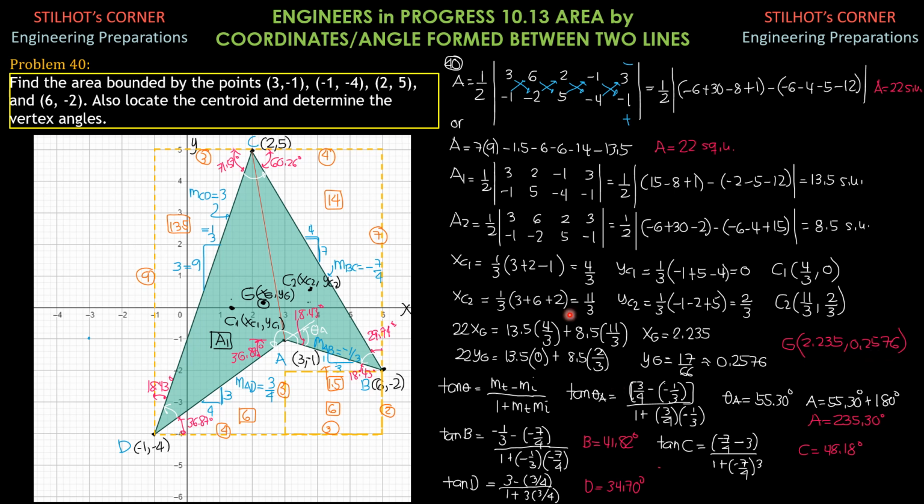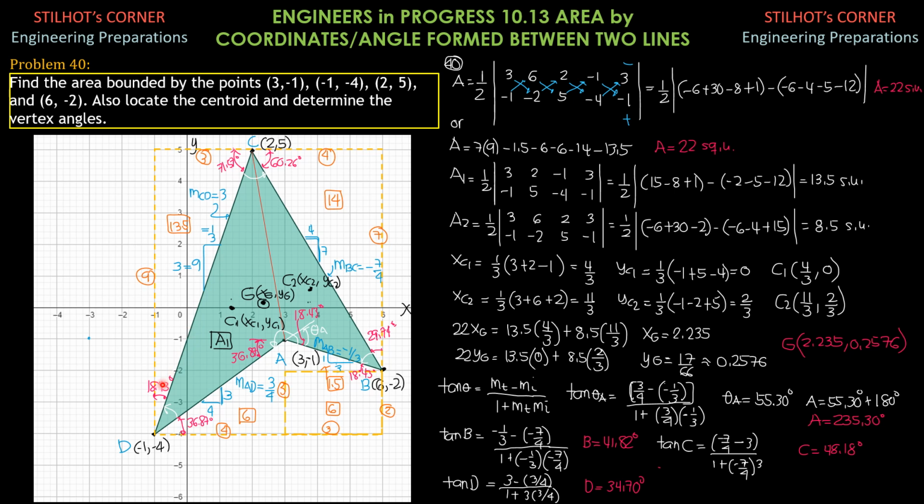For the slope or the angle, the vertex angles, this is the formula: tangent theta equals slope of the terminal line minus slope of the initial line, all over 1 plus slope of terminal times slope of initial. Because we have the distances here, for this line, it is inclined up to the left, so this is a negative slope, negative 7/4.